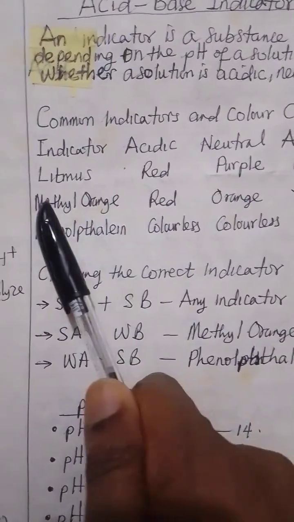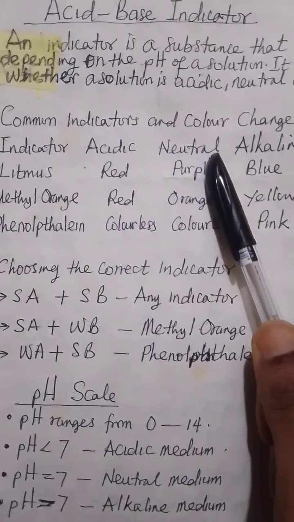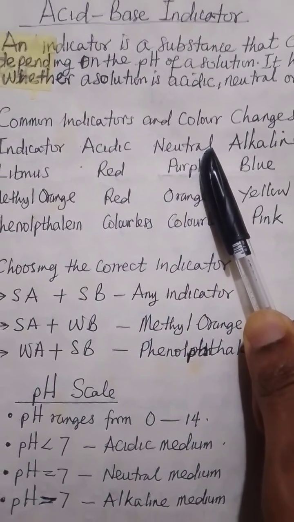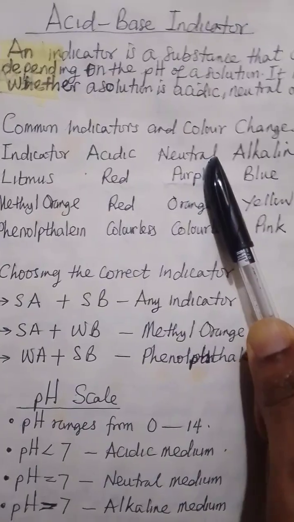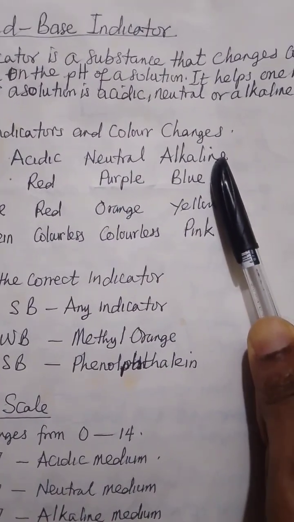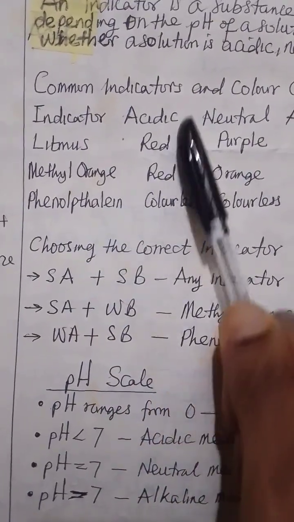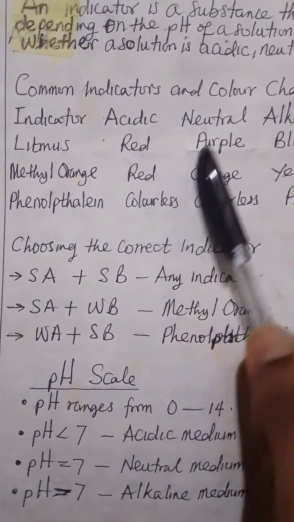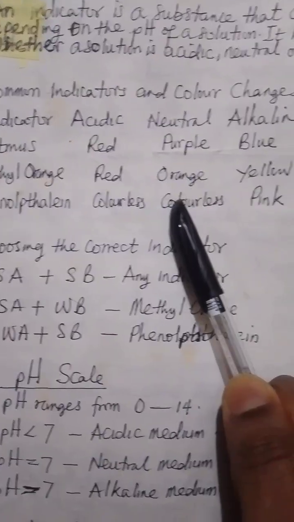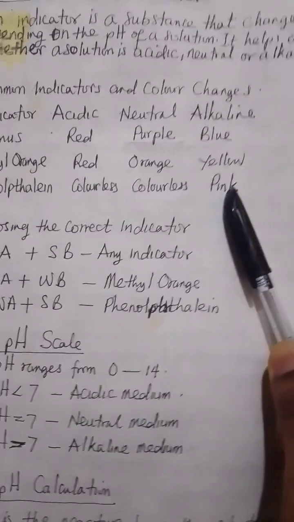For methyl orange, under the acidic medium it is red, at the neutral endpoint it is orange, and in alkaline medium it's yellow. For phenolphthalein, acidic medium is colorless, at endpoint colorless, and alkaline medium it is pink.